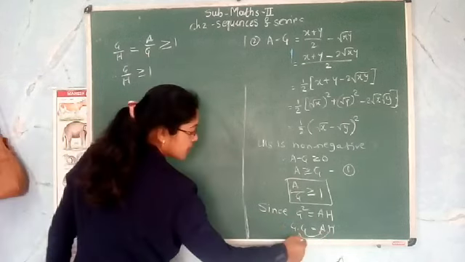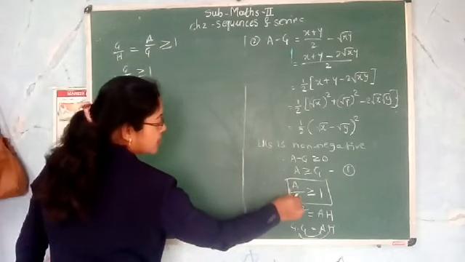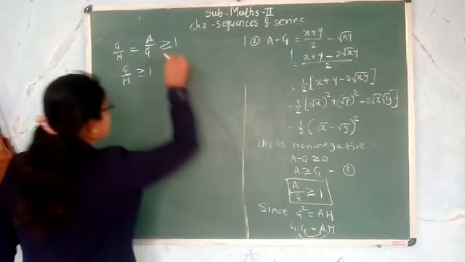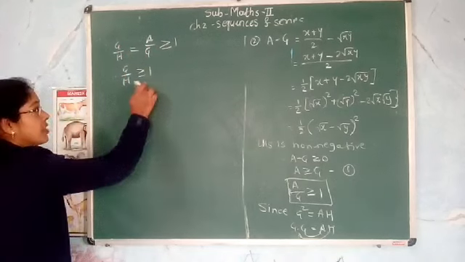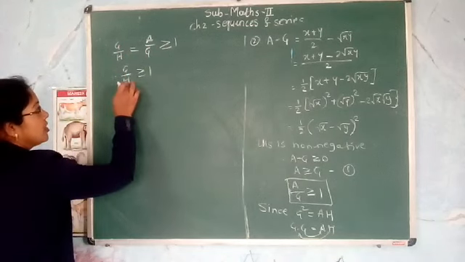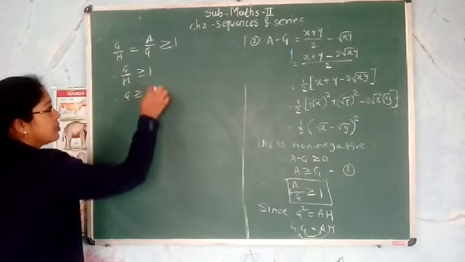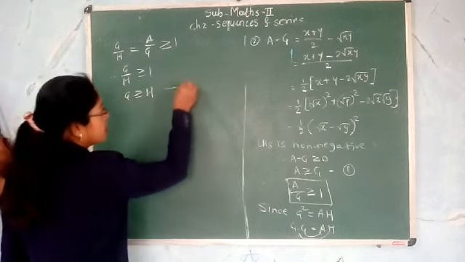So g upon h is equal to a upon g. From this equation, a upon g is greater than or equal to 1. So g upon h is also greater than or equal to 1. Therefore g is greater than or equal to h. This is equation number 2.